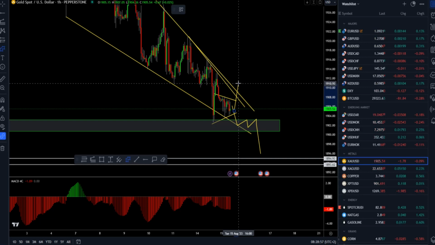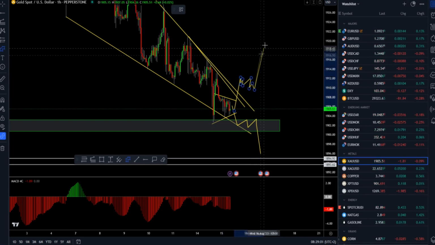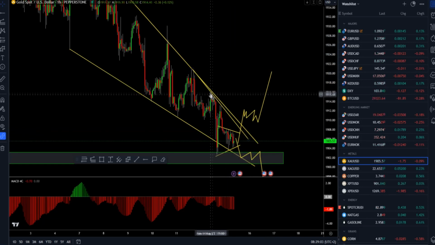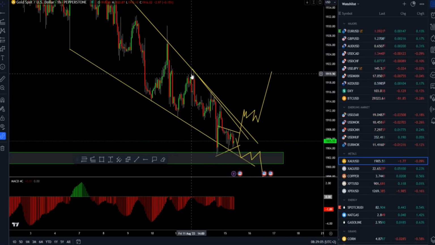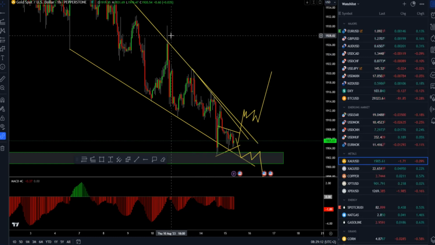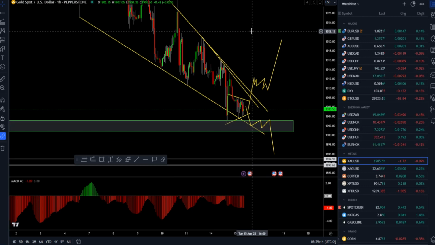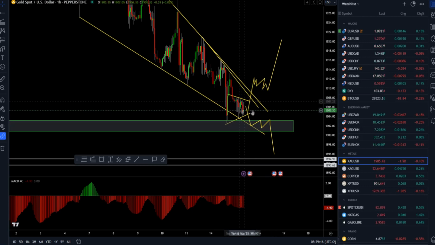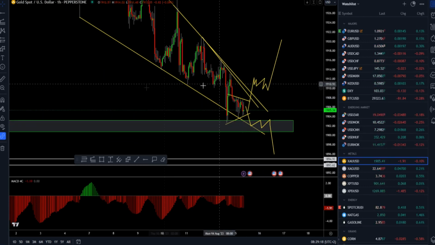So I will say if market can go towards 1910, 1911 and hold above, then the gold can potentially trade into this previous swing highs on the hourly, like for example towards 1920 or even 1928. So we will see if this wedge will find aggressive buyers.